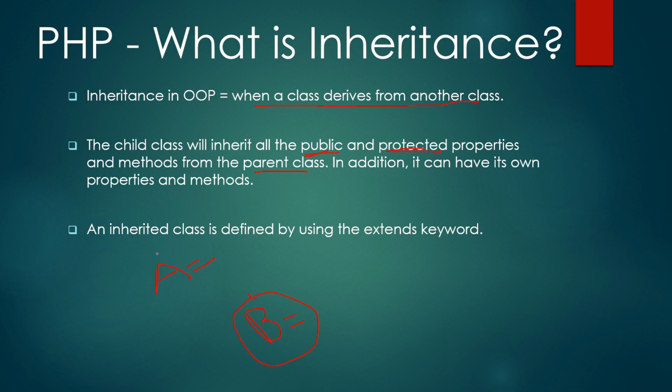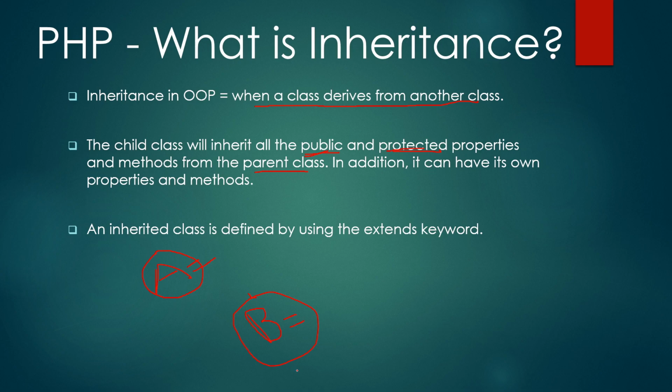It is logical. If the properties or methods are public, then the child class can easily inherit them because we can access them everywhere in our program. If they are protected, we can access them inside the parent class and in the child class, and nowhere else in the program.